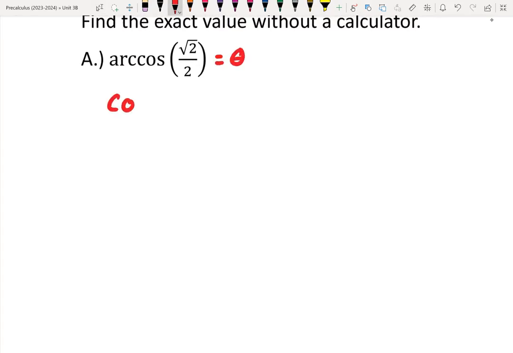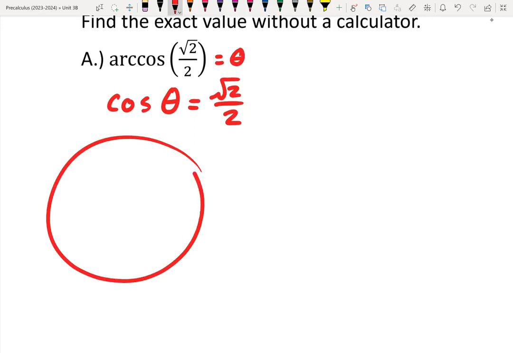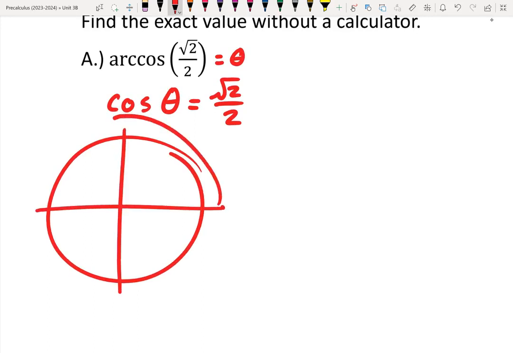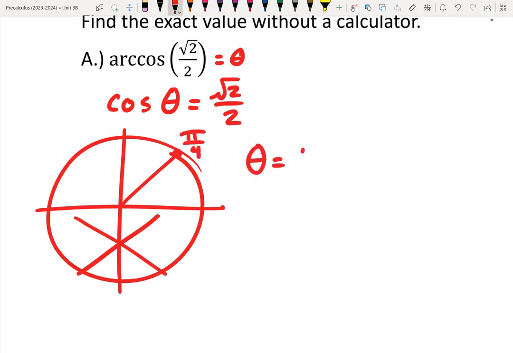So this time we're going to think cosine of what angle is equal to rad 2 over 2. So if we think about our unit circle again, cosine, we're looking in quadrants 1 and 2. 3 and 4 are not used when dealing with cosine inverse. So where does cosine in those two quadrants equal positive rad 2 over 2? Well, that would occur at pi over 4. So our answer would be pi over 4.